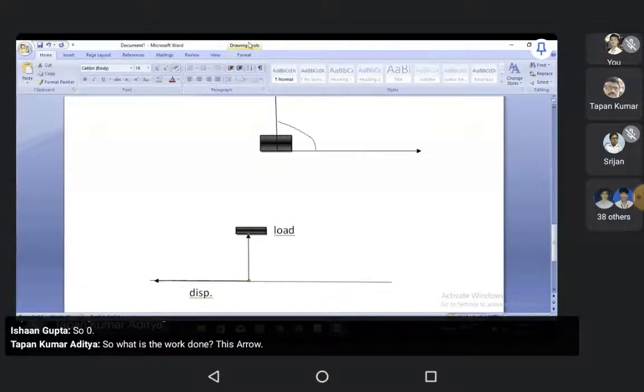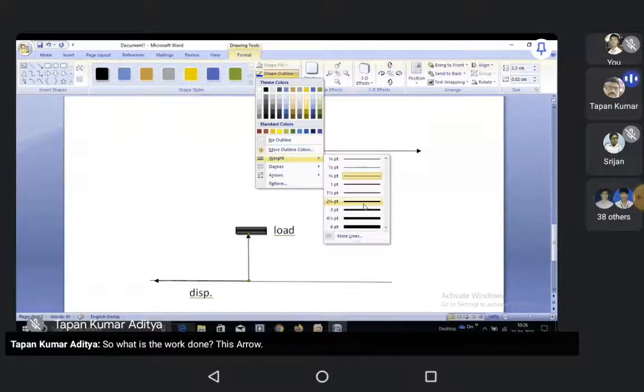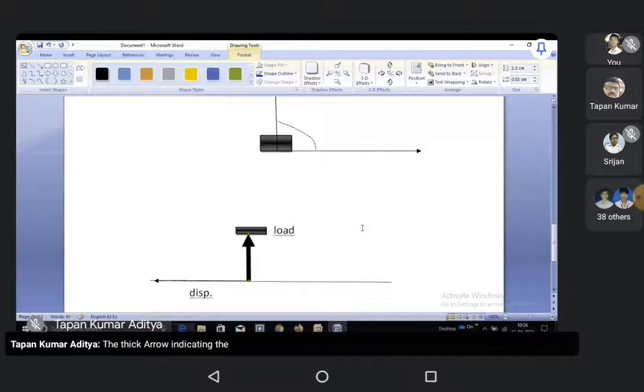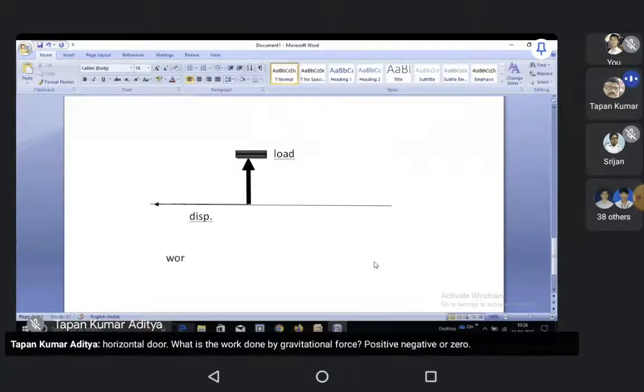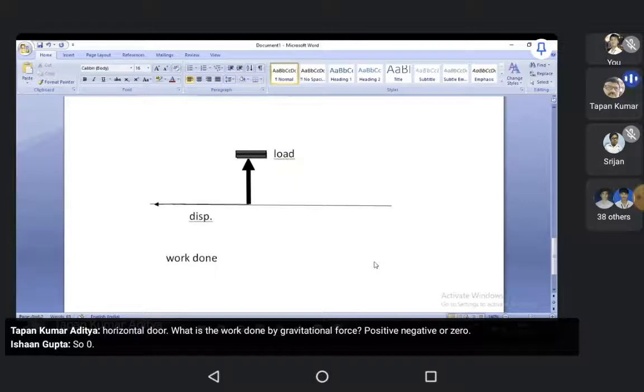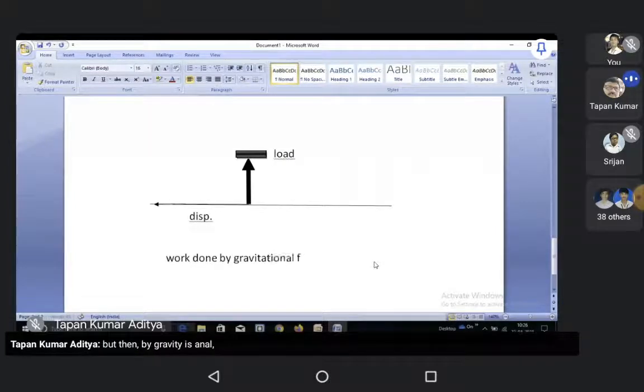The thick arrow indicating the porter holding the load on his head. The porter is moving left side on a horizontal road. What is the work done by gravitational force? Positive, negative, or 0? 0. Work done by gravitational force is 0.